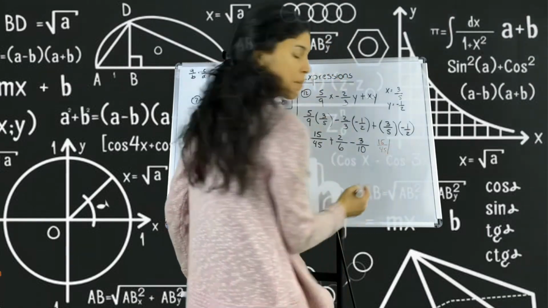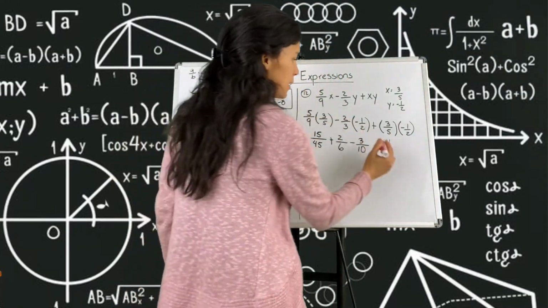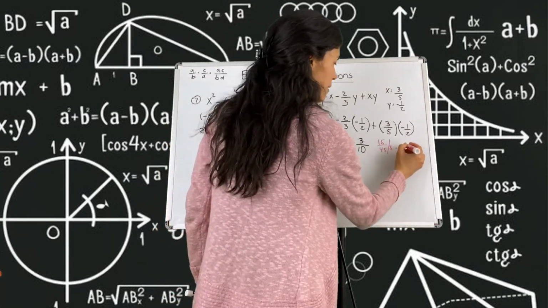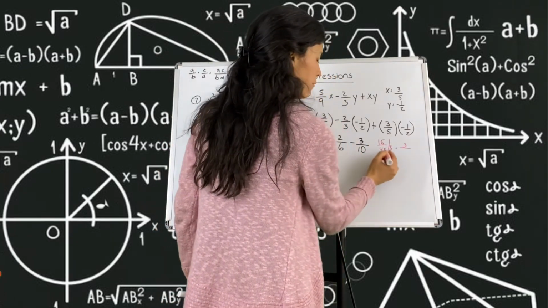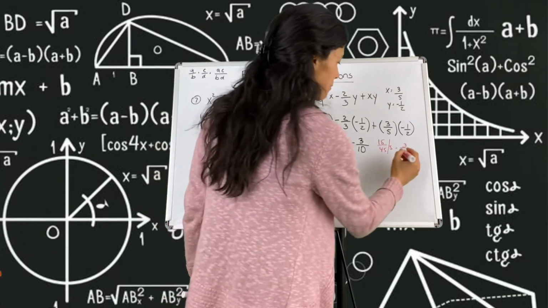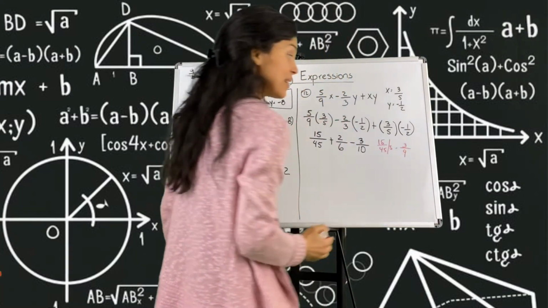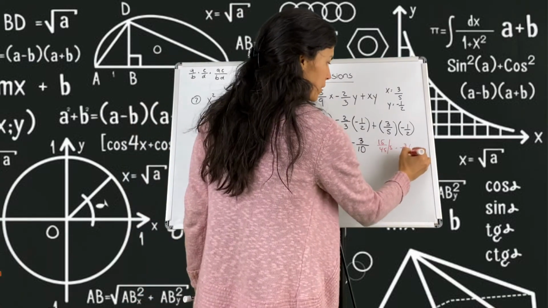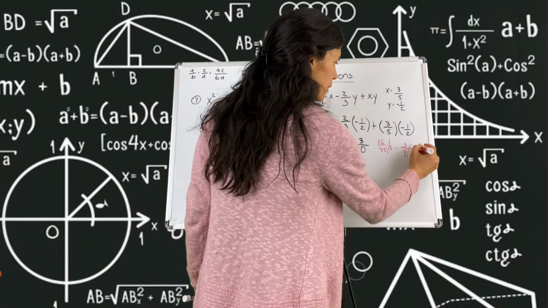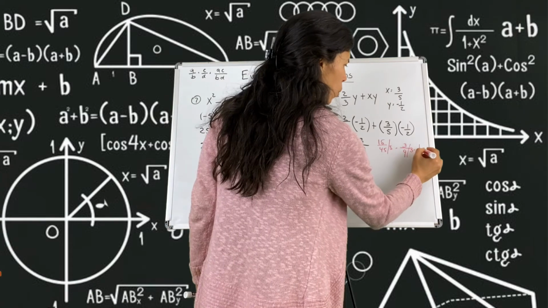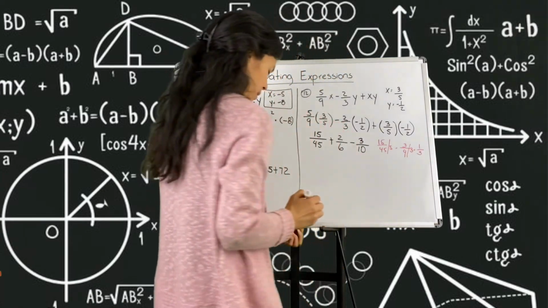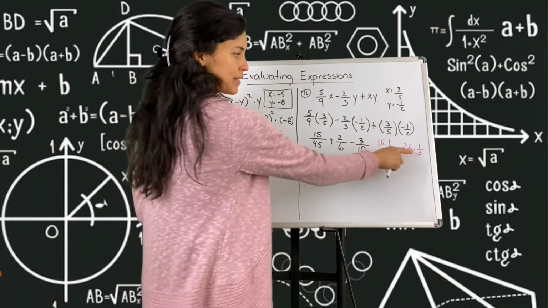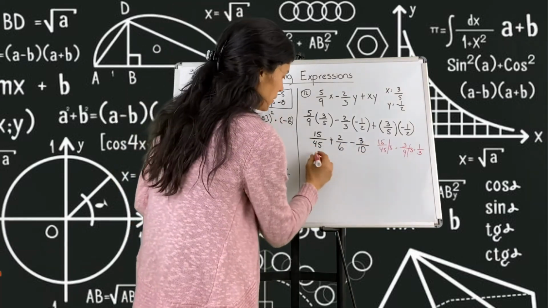I am noticing that both have a 5 at the end. So I can divide both by 5. 15 divided by 5 is 3. And 45 divided by 5 is 9. 3 and 9, they both are divisible by 3, right? So I can divide by 3 and make it even smaller. 1 over 3.